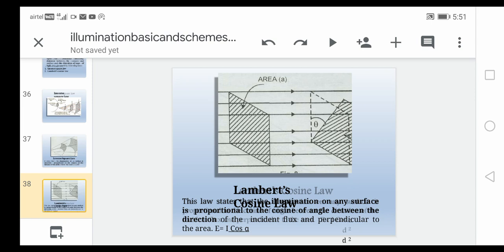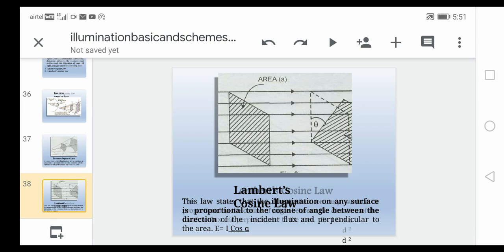Lambert's cosine law concerns the direction in which the light is projected, that is, the angle, and it depends on the cosine of the angle.